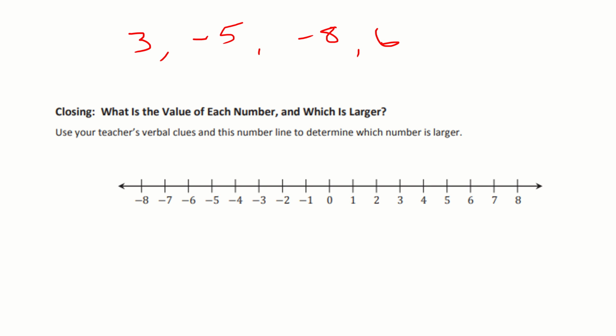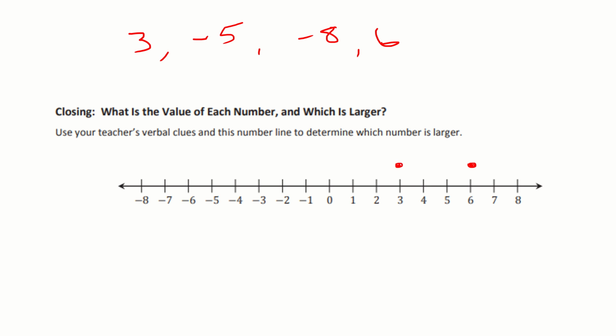You can use this as a reminder, but if it says, what's the value of each number, which one's larger? In this example, the largest one is going to be anything that's a positive, and it's going to be the biggest positive number. In this case, that's the number 6, and the number line here would tell me that's the biggest number. The next biggest number is the next positive number, which would be a 3.